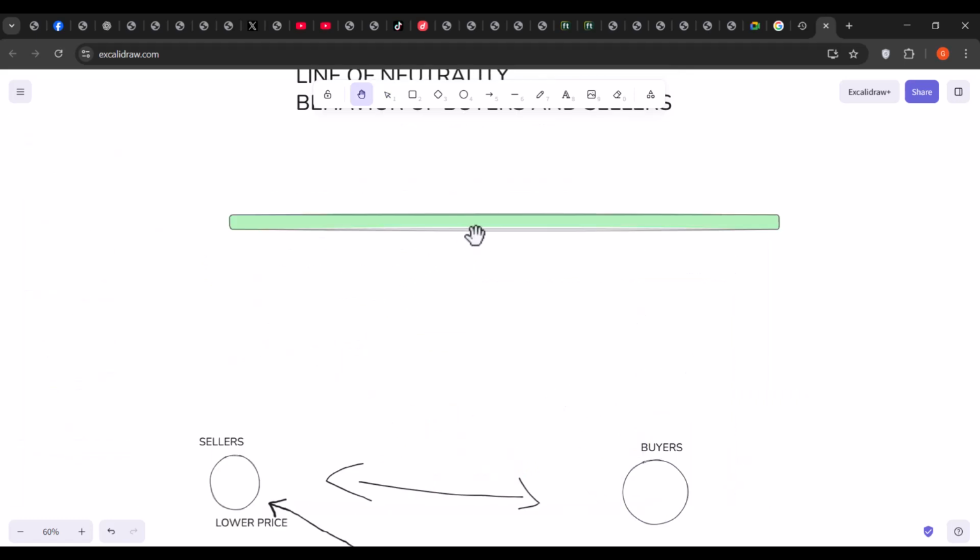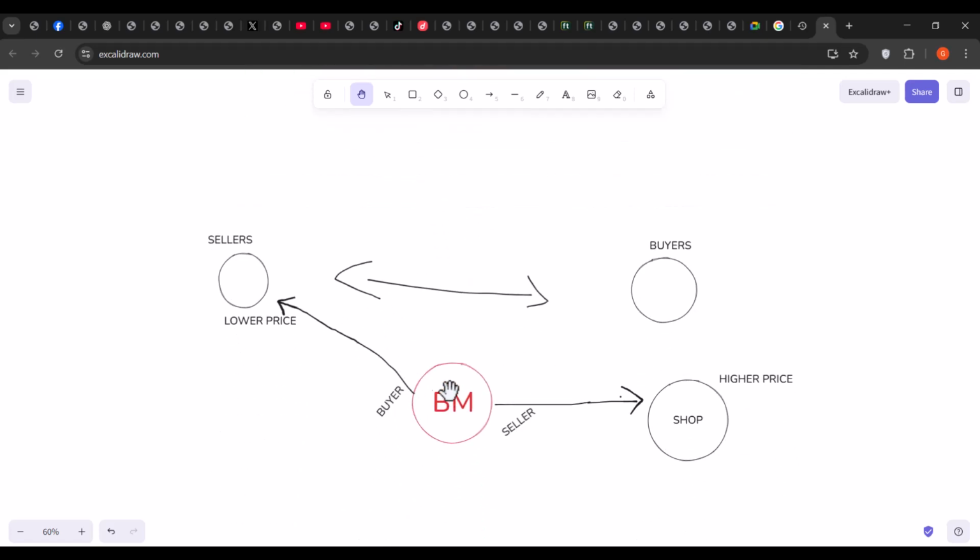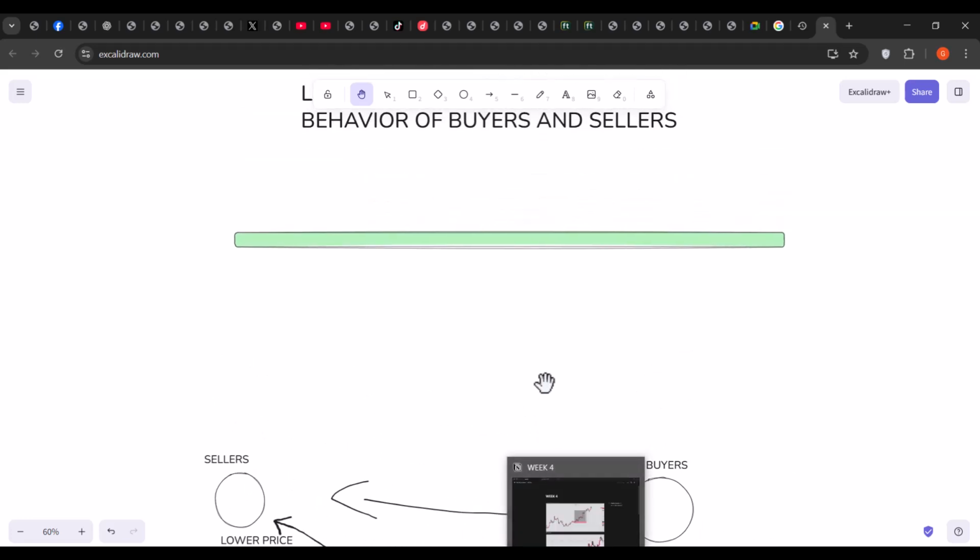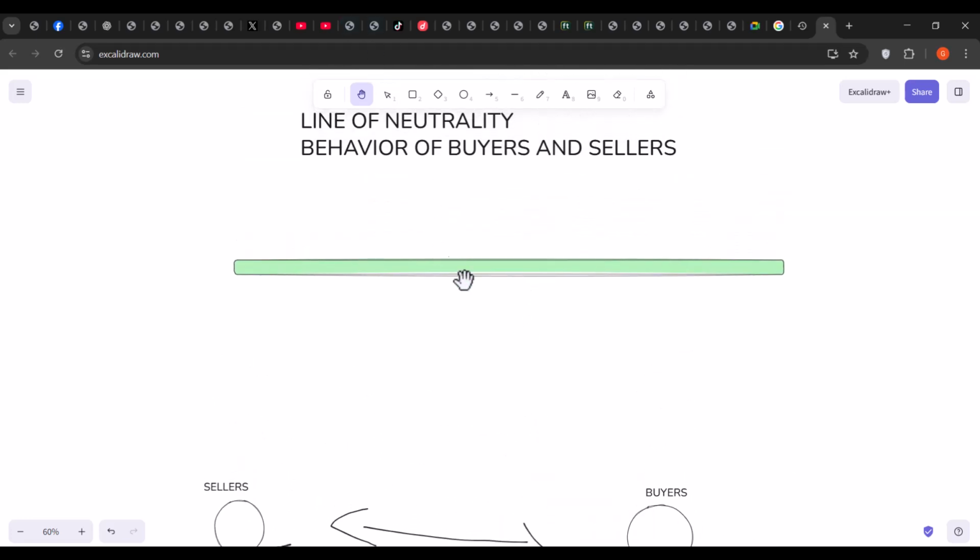So back to the line of neutrality, we established the fact that when this gentleman goes out to buy as a buyer in a market, he expects to buy from somebody who is selling at a lower price, and when he comes back to his shop, he expects to sell at a higher price. So now the line of neutrality is going to help us understand this whole thing.